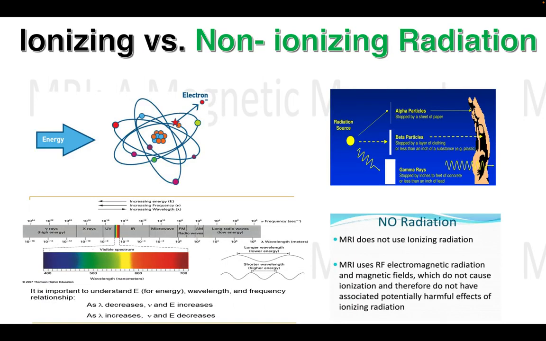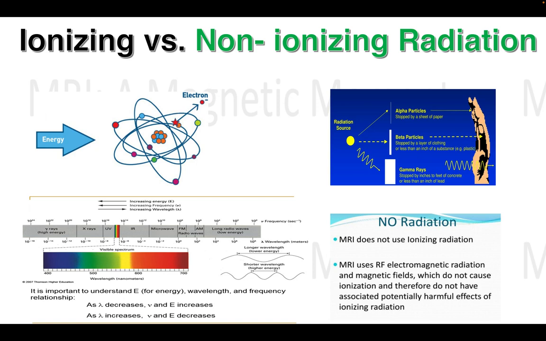Okay, moving forward, MRI is a non ionizing radiation imaging modality. So, what does that mean? You probably recall from high school or X ray physics that in a stable atom, the number of negatively charged electrons equals the number of positively charged protons.